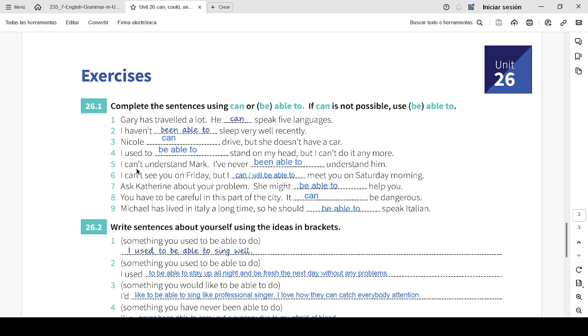I used to be able to stand on my head, but I can't do it anymore. Next one. So in this example, "I used to be able," we're talking about the ability as well.